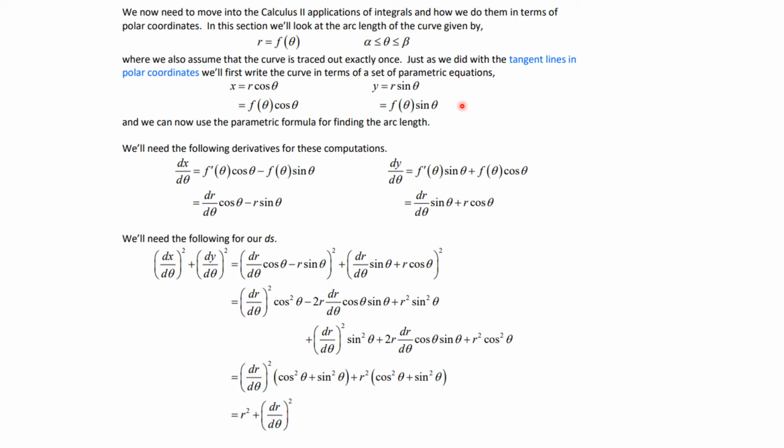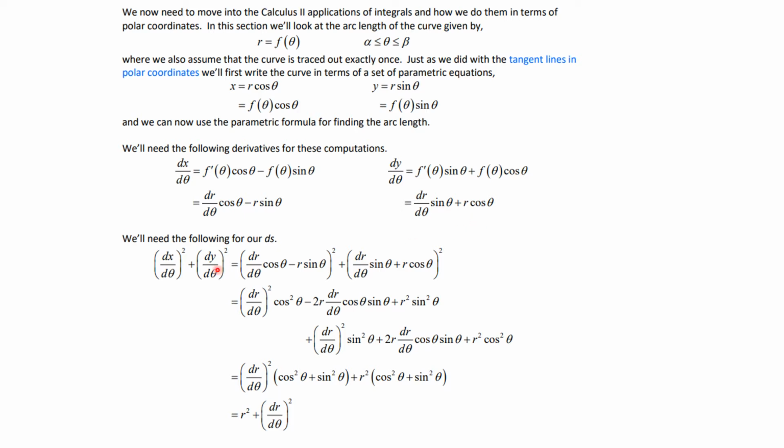So now we can use our theory from parametric equations. So we'll compute dx d theta here using the product rule, and dy d theta here using the product rule as before. And as before, these simplify thus and thus. So we have this expression for dx d theta, this expression for dy d theta.